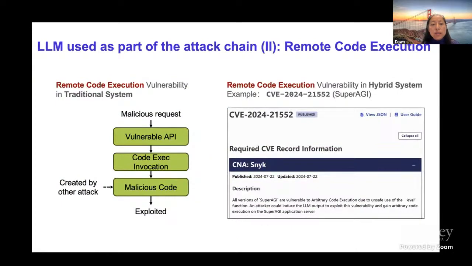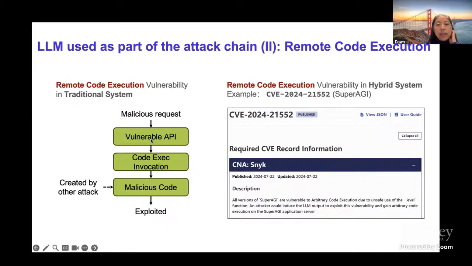So now let's look at another example, another type of vulnerability called remote code execution vulnerability. Again, how LLM is used as a part of the attack chain. Here's the remote code execution vulnerability in the traditional system. Users can provide requests that go through, let's say, a vulnerable API.